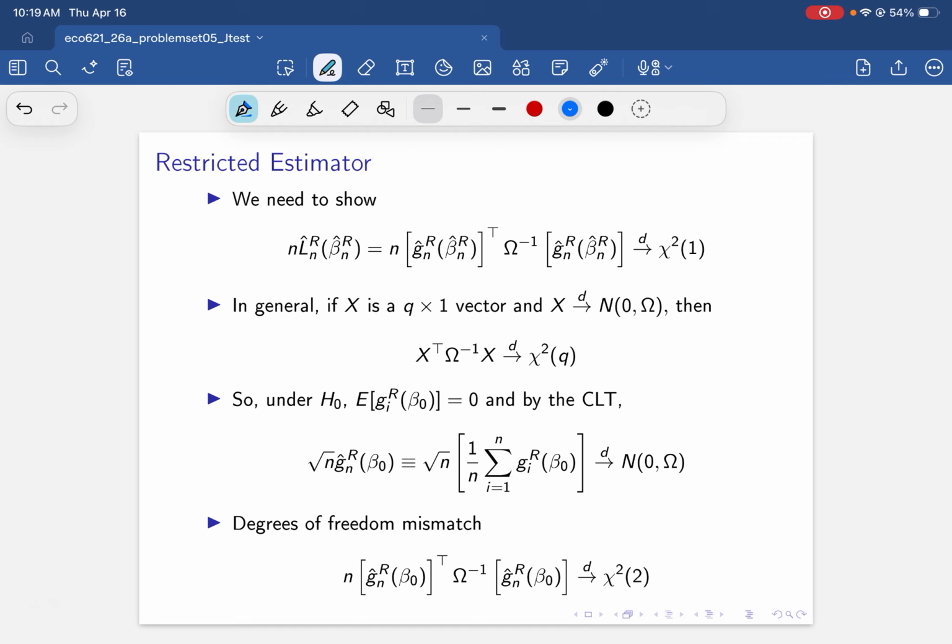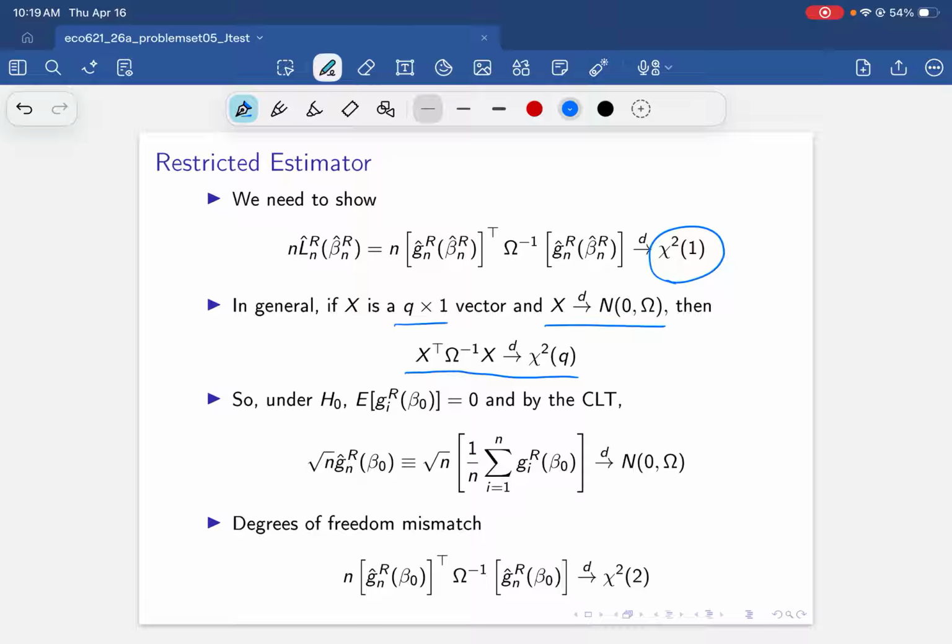Let's think about it. We need to show that something goes to chi-square. What is chi-square? In general, suppose a q by 1 vector X converges to a normal distribution with variance omega, then its quadratic form X prime omega inverse X converges to chi-square q.